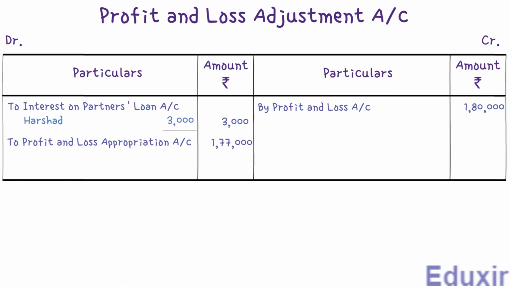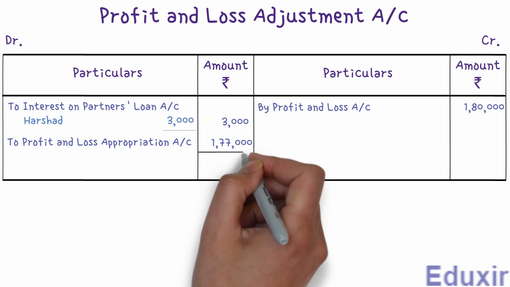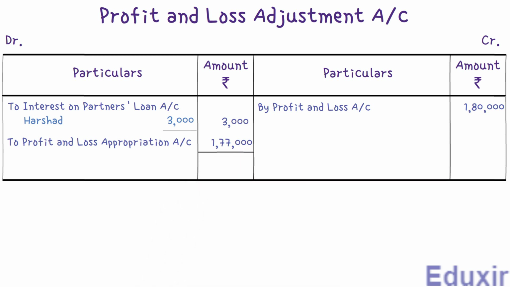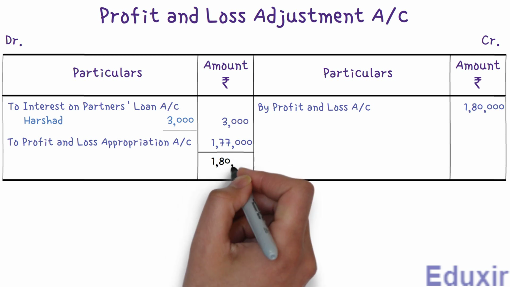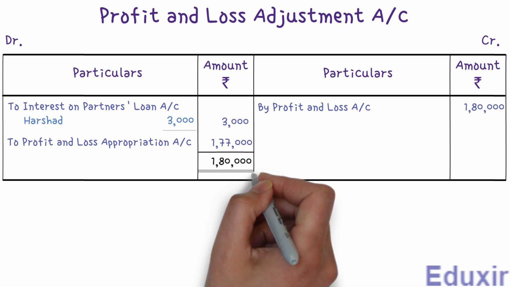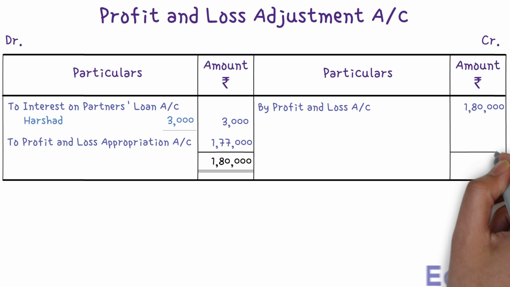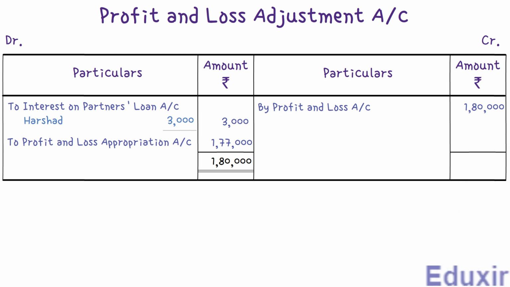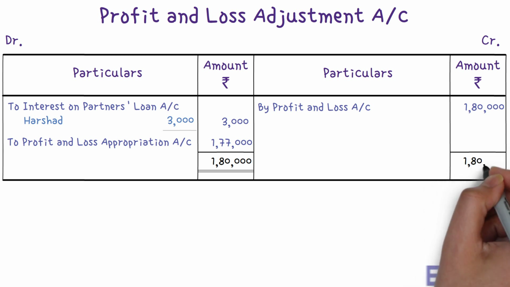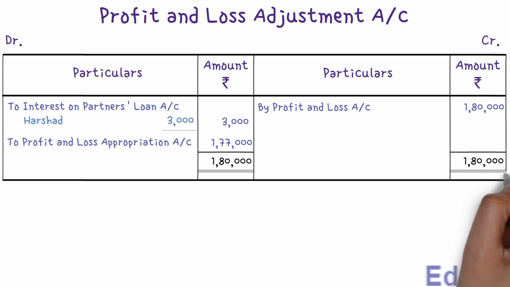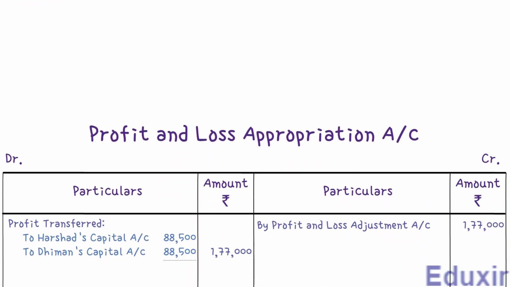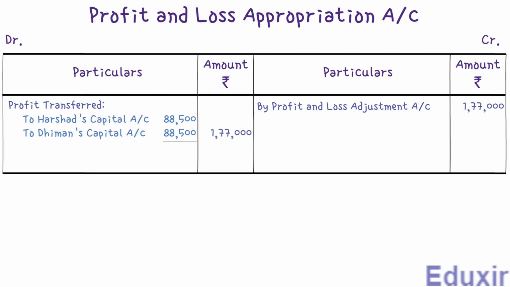Let's start with the profit and loss adjustment account. The total on the debit side of the profit and loss adjustment account is 1,80,000 rupees. Similarly, the total on the credit side of the profit and loss adjustment account is 1,80,000 rupees. So now the profit and loss adjustment account is balanced. Let us now deal with the profit and loss appropriation account.